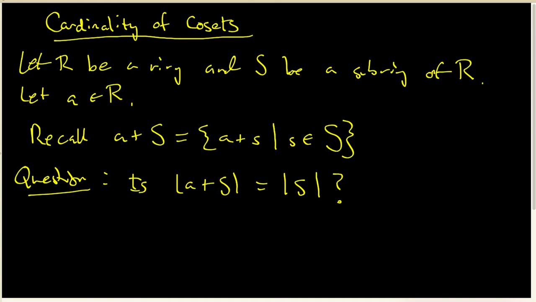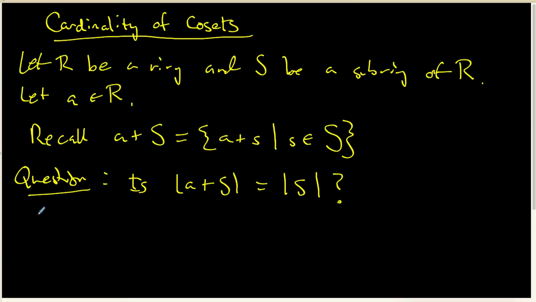Because after all, we're letting this guy here range through all of the elements of S, and it looks like there might be a one-to-one correspondence between A plus S and just the little s's inside capital S. And so, in fact, that's how we're going to answer this particular question.